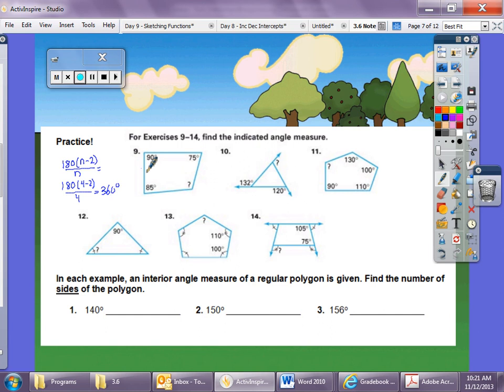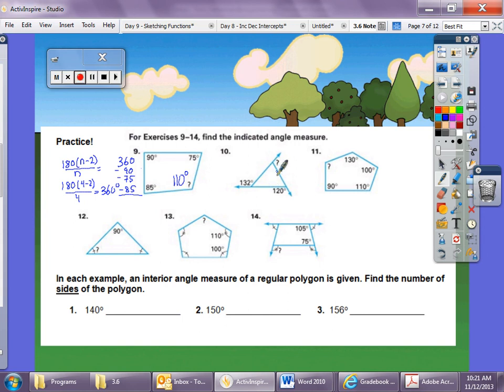You should also know that it's a quadrilateral, which is 360. So we do 360 minus 90 minus 75 minus 85, and that will give us 110 degrees.